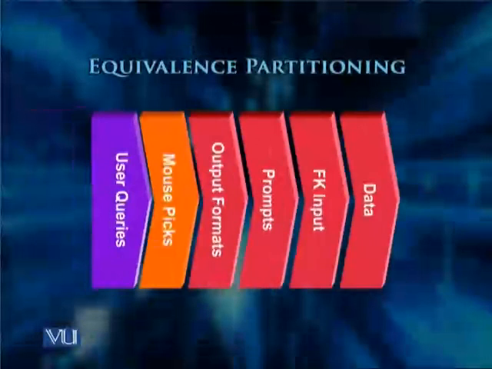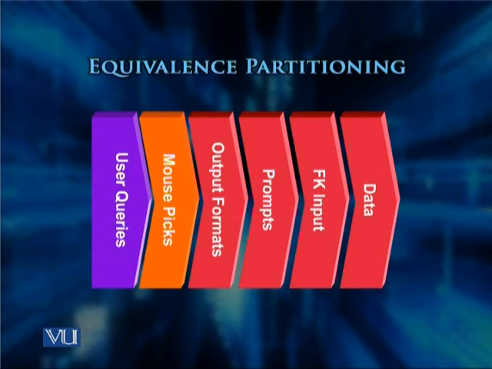Here you are looking at a picture which shows equivalence partitioning. You have one set partitioned as user queries, one set partitioned as mouse picks or mouse clicks, another set as output format, another set as prompts.